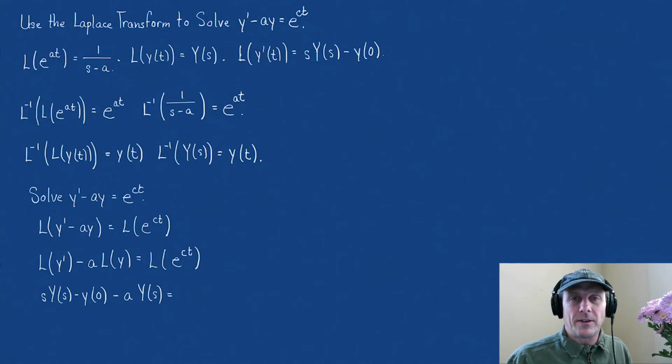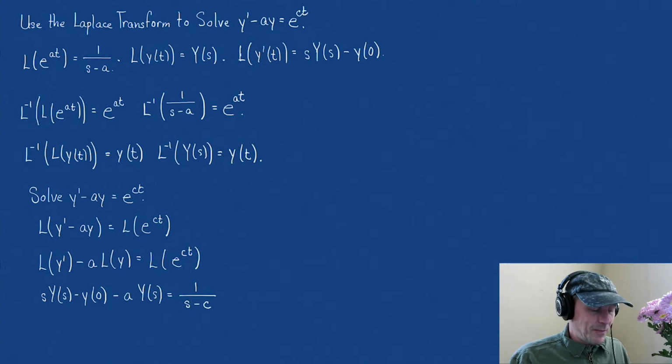Now we're just replacing the a with a c. So this is 1 over s minus c. Now here's what we do. We solve this for capital Y of s. Then if we take the inverse of the capital Y, we're back to y. Let's see if that's how it works.